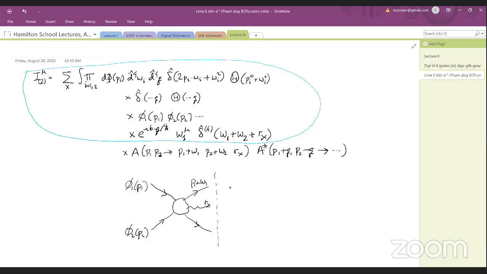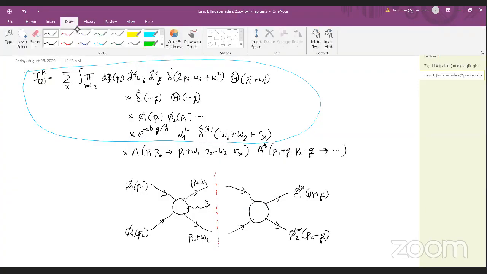And of course, we have the conjugate process on the other side. So we have P2 plus W2, and it's exactly the same momentum that then flows into the conjugate. And then we get the wave function from the second copy.